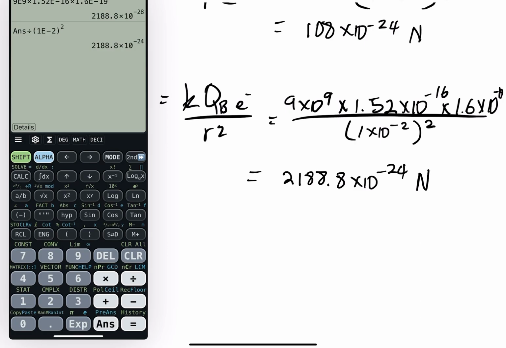Okay, newtons. Remember, in this case, you could also express that as 2.19. Okay, so we can round this off. This would be 2.19 times 10. In this case, remember, we would have divided this by 100, so that's 10 negative 20.